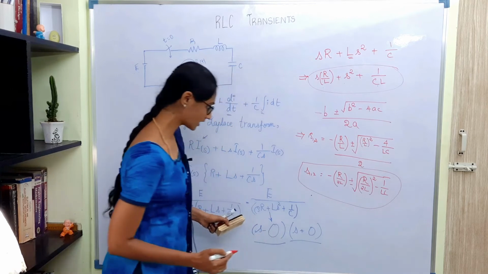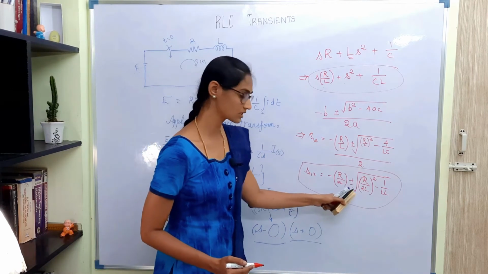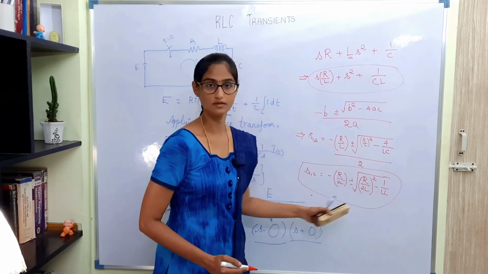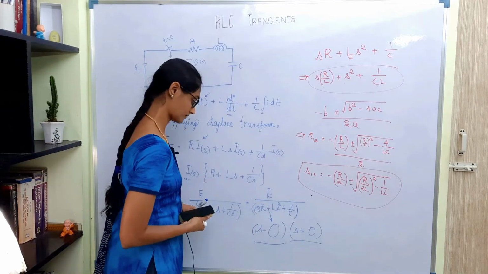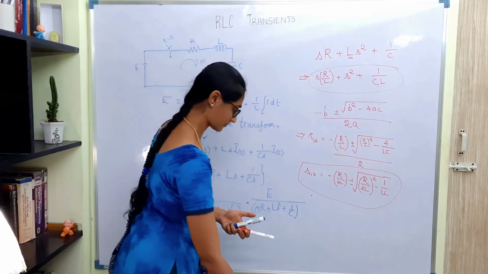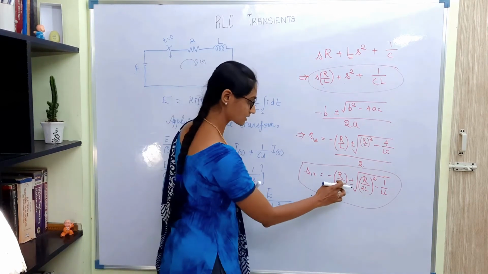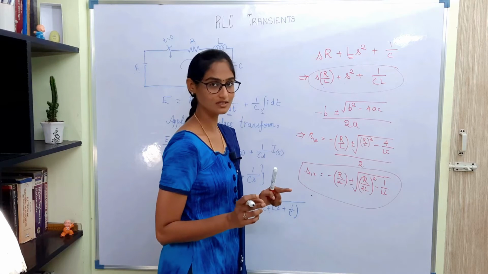So this is the roots of this quadratic equation. So we can write it as s minus this term and s plus this term. We have two terms over here. I am calling the plus term as m and the minus term as n.